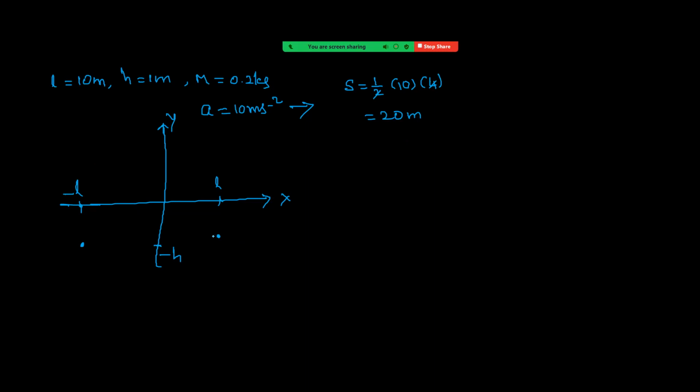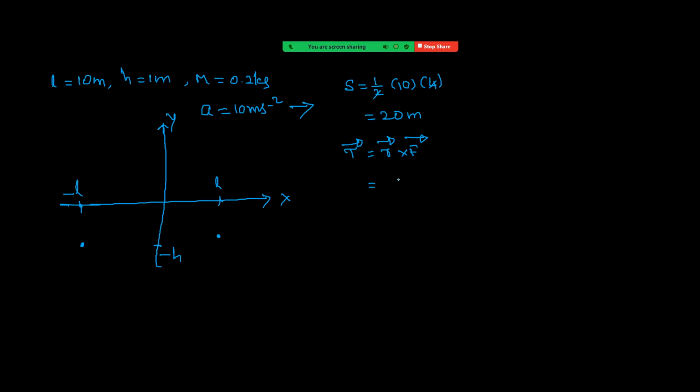At this instant, what is the torque? We are taking the net torque, because acceleration is given, and mass into acceleration is net force. Torque equal to R bar cross F bar. Then see what we get.